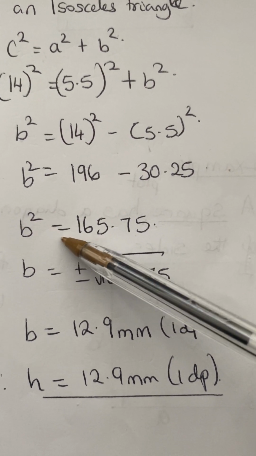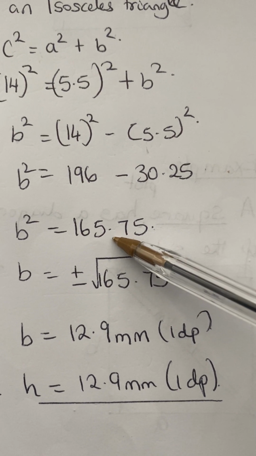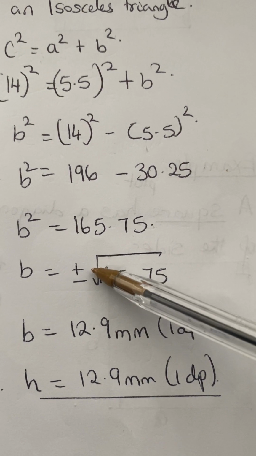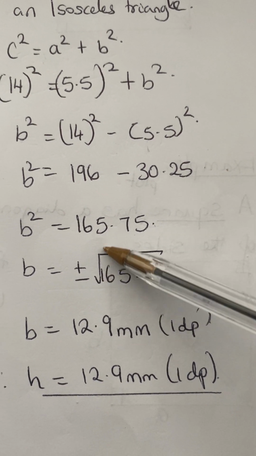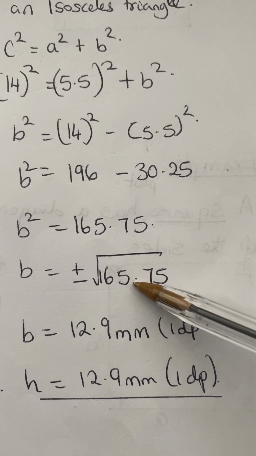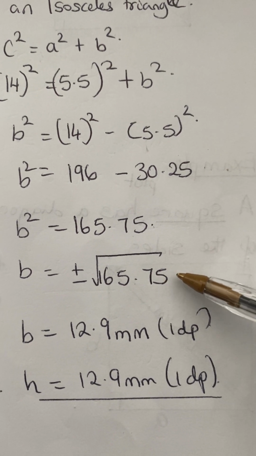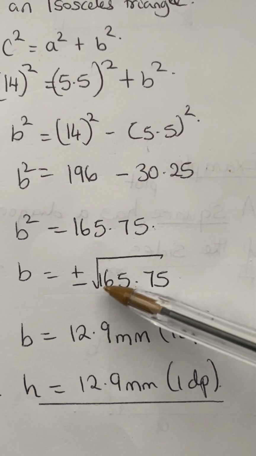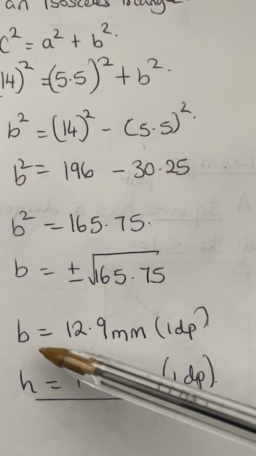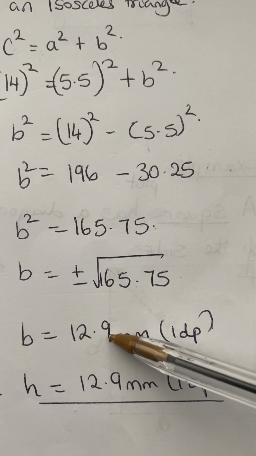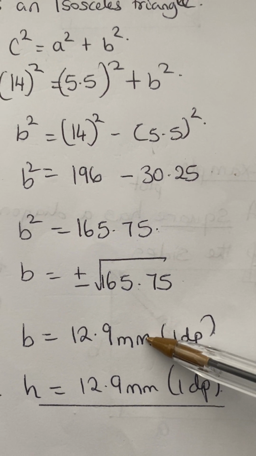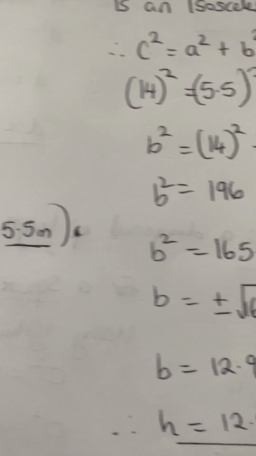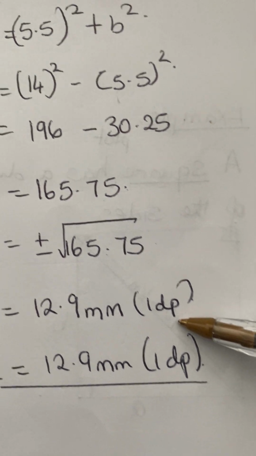So b squared will be 165.75. b now will be plus or minus the square root of 165.75. If you do that correctly on the calculator, b becomes 12.9 millimeters, because our unit here is in millimeters, and it's to 1 decimal place.